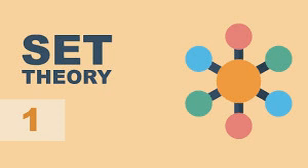At the same time, there is no specific order required, which means we can write the elements in ascending, descending or any random order. For example, A is equal to, within curly brackets, 1, 2, 3, 4, or B is equal to, within curly brackets, a, b, c, d, e.